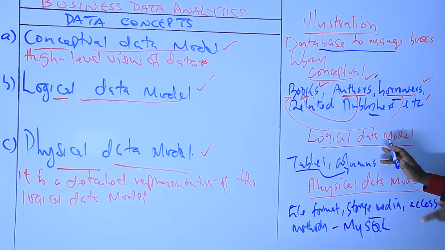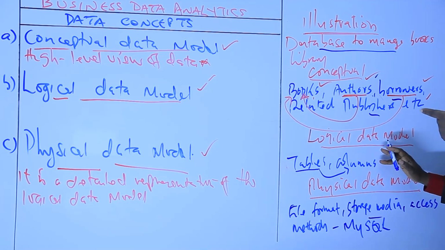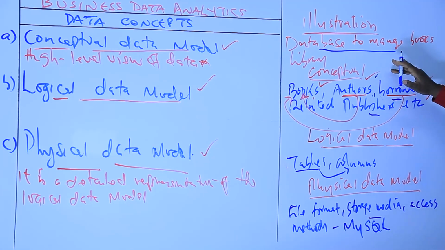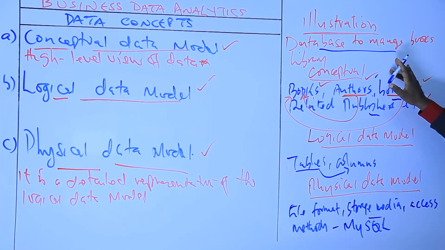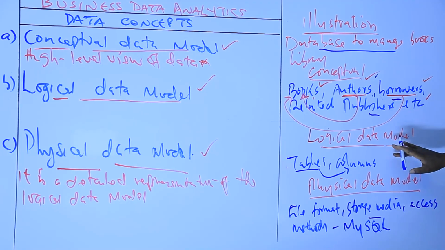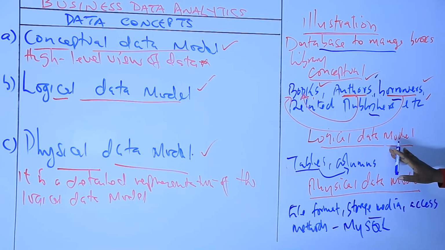So candidates, in summary, the conceptual data model defines the data requirements. The logical data model specifies how the data will be organized and structured. That is the logical data model.